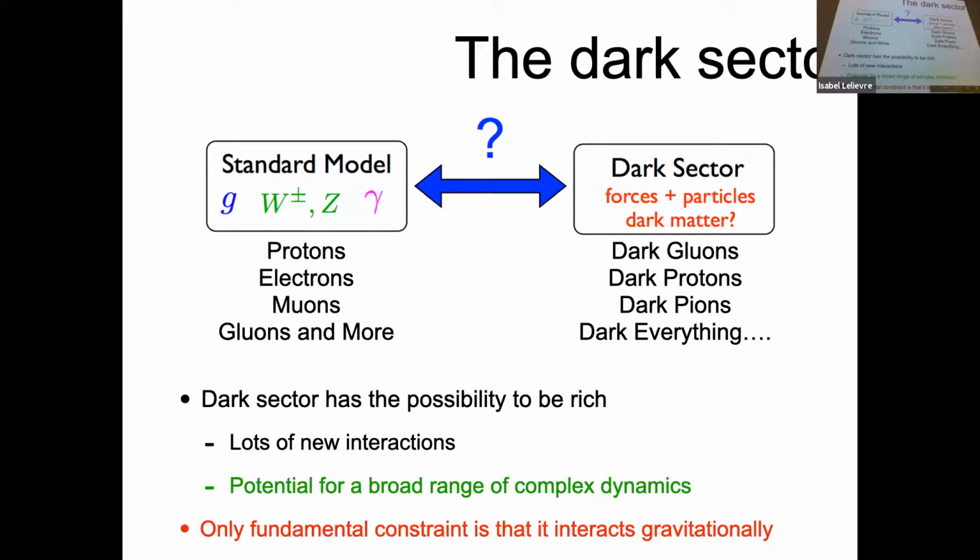But these days, people like to think of a rich dark sector, that has potentially dark gluons, protons, pions, or dark everything. You can have lots of dark forces, and there are a lot of ideas you can explore here. And the richer you make it, the more handles you have to go after it.